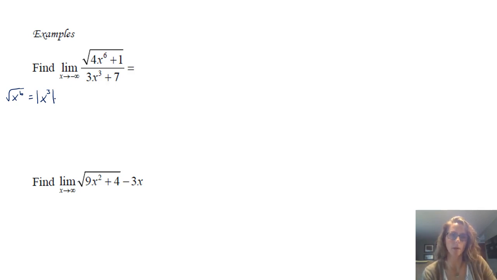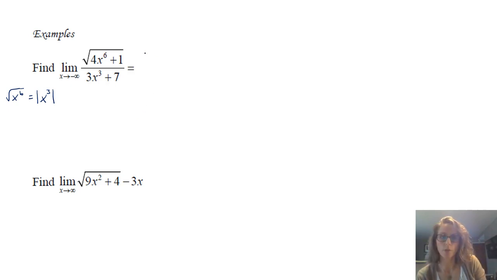We can't say that because we have the square root of x to the sixth that that's the exact same thing as x cubed, but it's very, very close. We just have to use logic here in one small piece. But what it does allow us to do is see that we have similar degrees there.